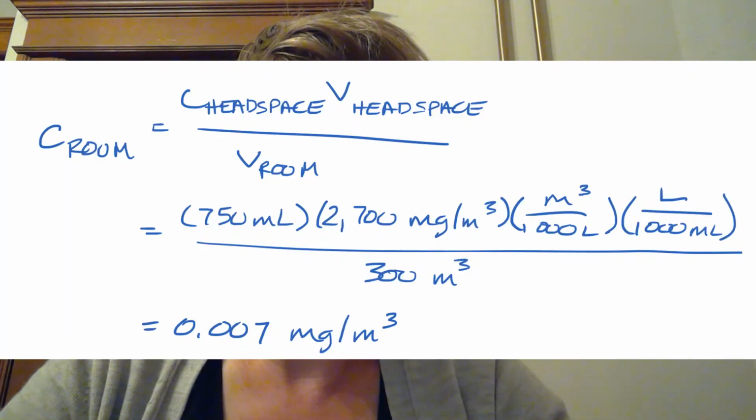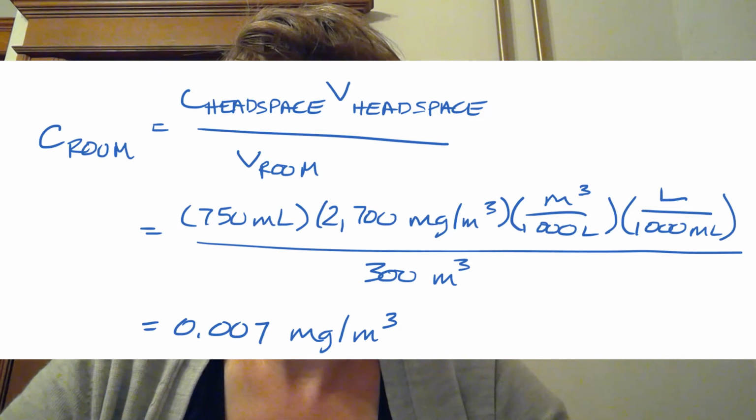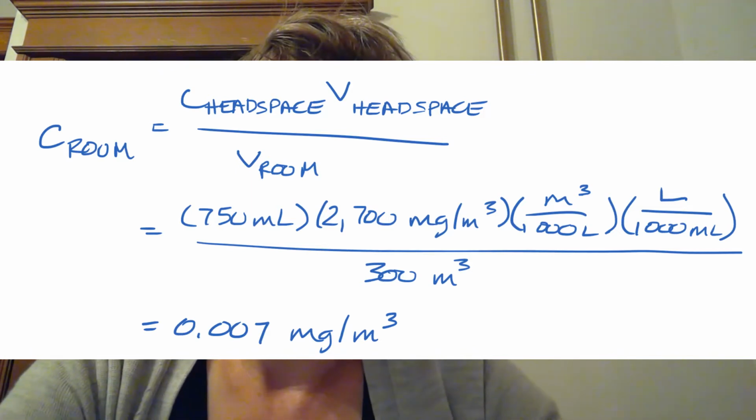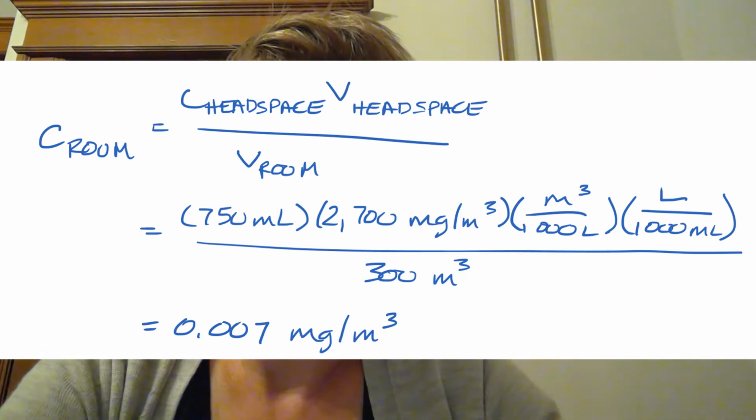So we can rearrange for the concentration in the room, and we find that that concentration is 0.007 milligrams per meter cubed. So we saw before that our low odor threshold, which is the lowest concentration most people can smell, is 2.5 milligrams per meter cubed. So our calculations indicate that no one in the room is going to be able to smell the vinegar.